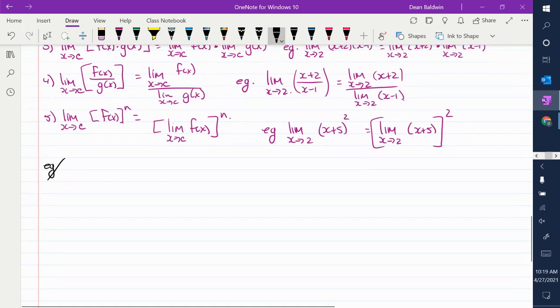So here we go. We're going to do the limit as x goes to 6 of 5 over 2x plus 3 minus 1/3 over, you know what we're going to do?